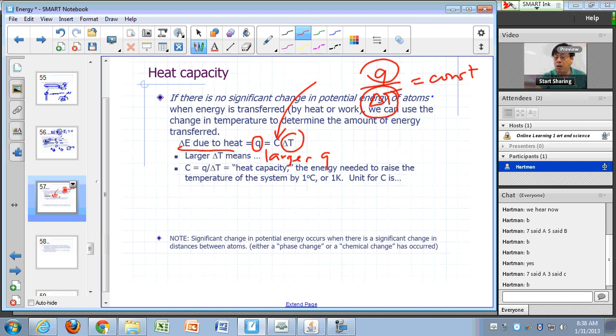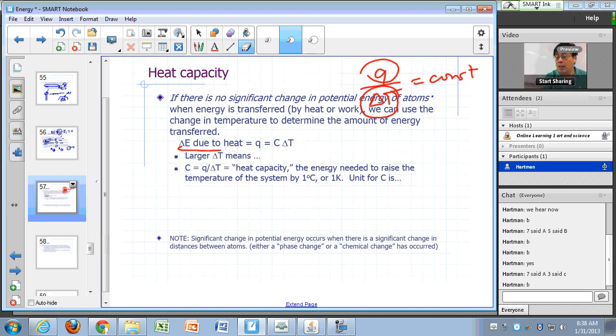So that ratio of Q to delta T, where the numerator is energy, would be the energy needed to cause a temperature change of 1 degree Celsius or 1 Kelvin. So that's the definition of what we call heat capacity. It's the energy that's needed to raise the temperature of a system by 1 degree Celsius or 1 Kelvin. What should be the unit for C?